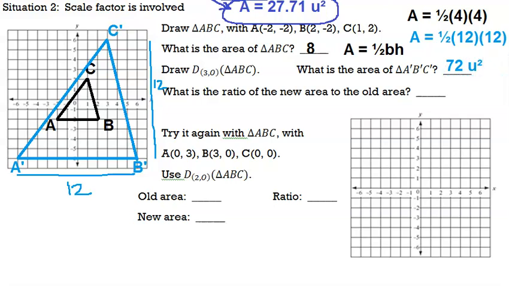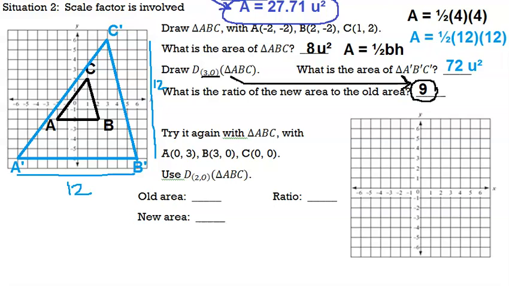So we have now actually gone from 8 units squared to 72 units squared, which is way more than 3 times bigger. So the ratio of the new area to the old area is 72 to 8, which is actually 9. So if the scale factor is 3, the area is actually going to turn out to be 9 times bigger.